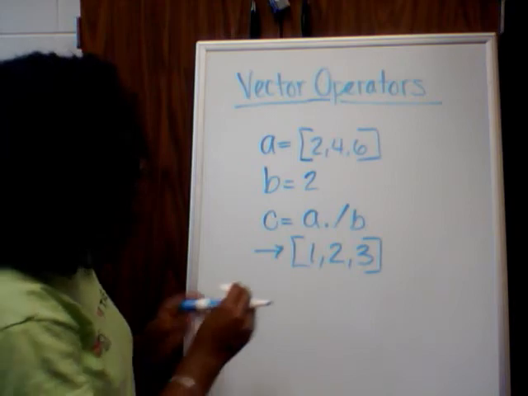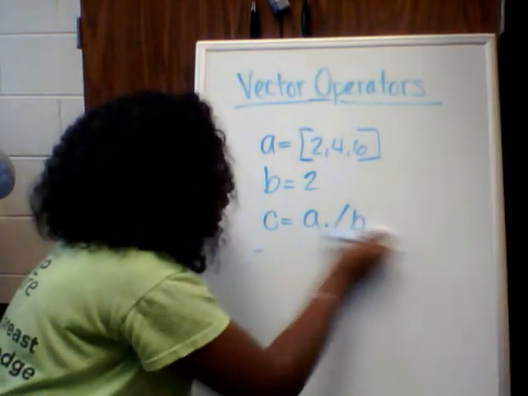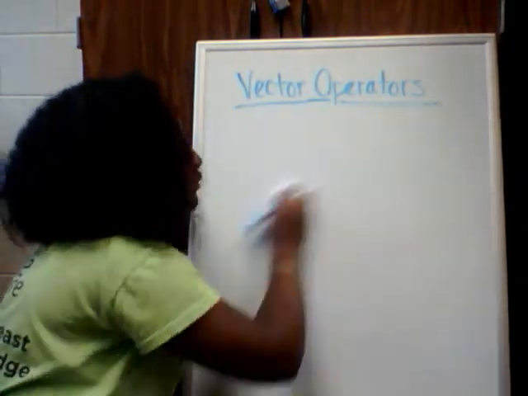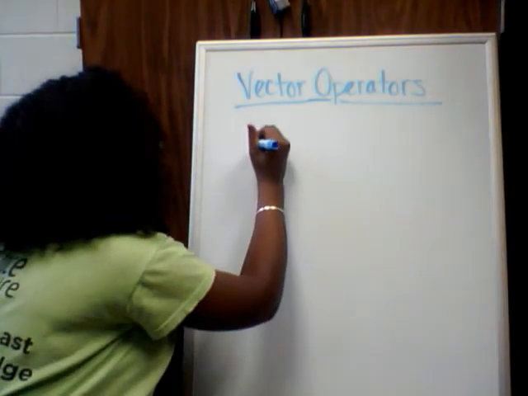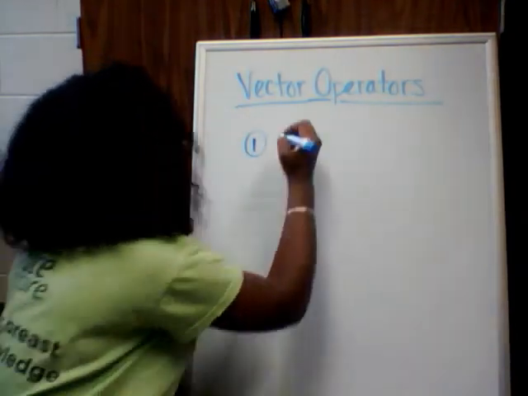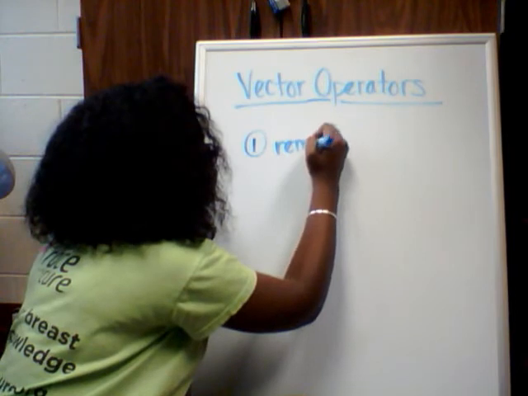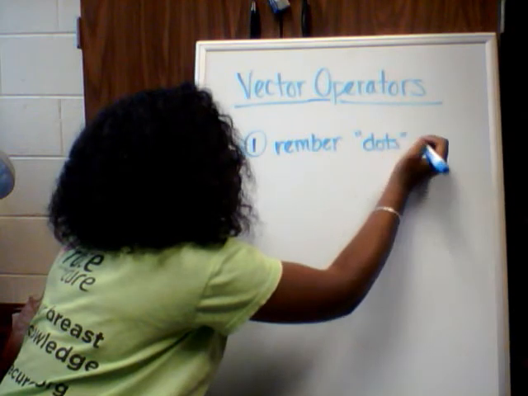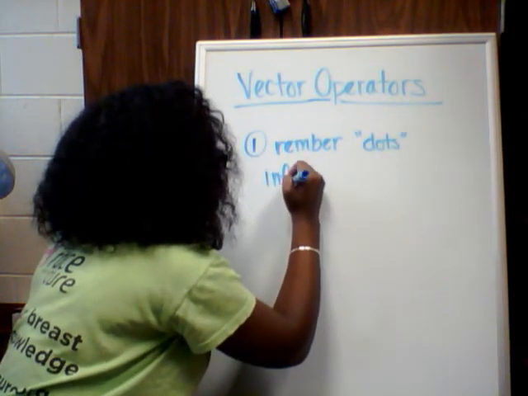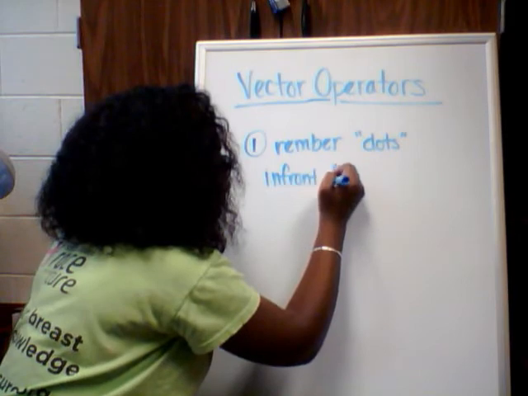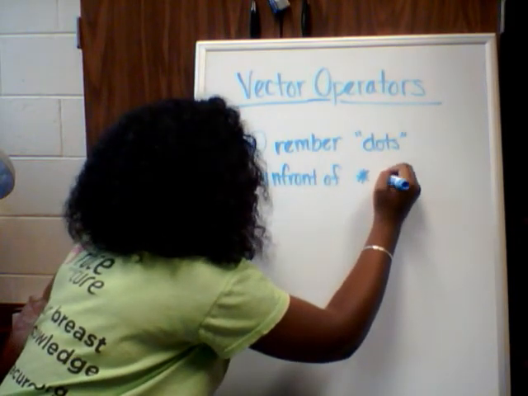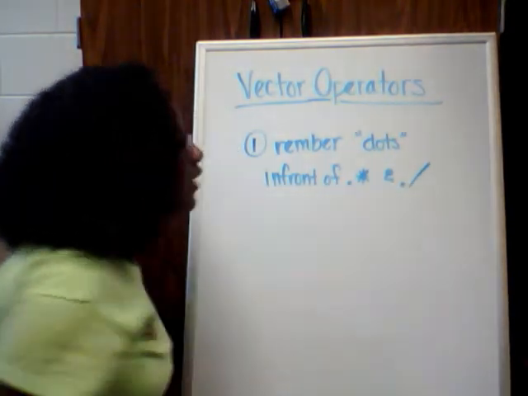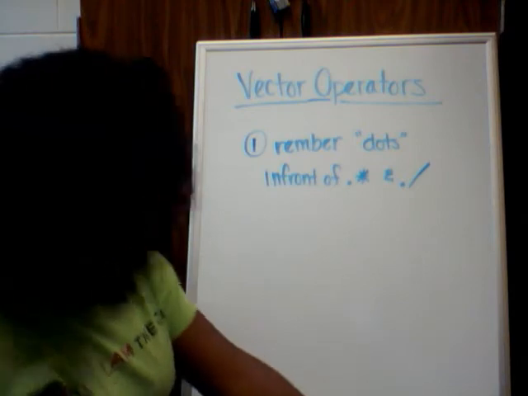Now, this concludes the lesson, but there are some tips I want people to remember. First off, remember dots in front of the multiplication and division signs. Make sure you have the dots when multiplying and dividing vectors.